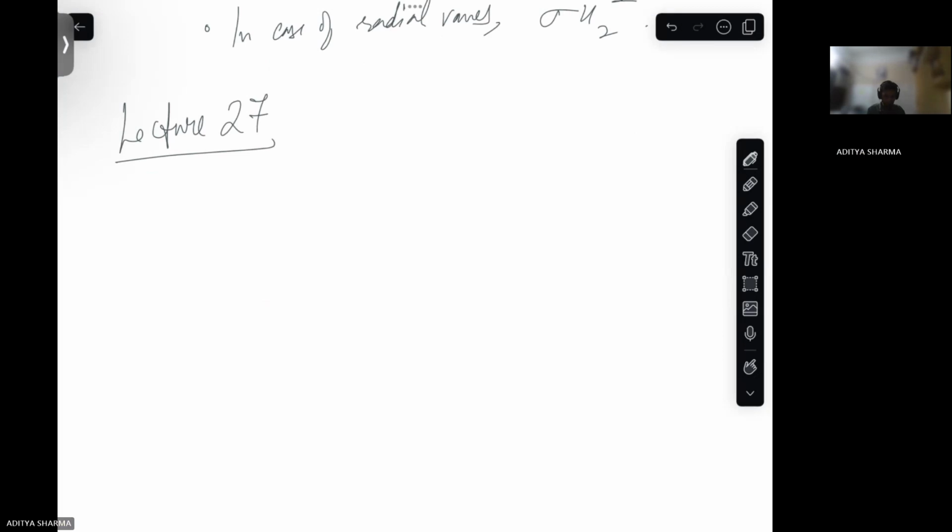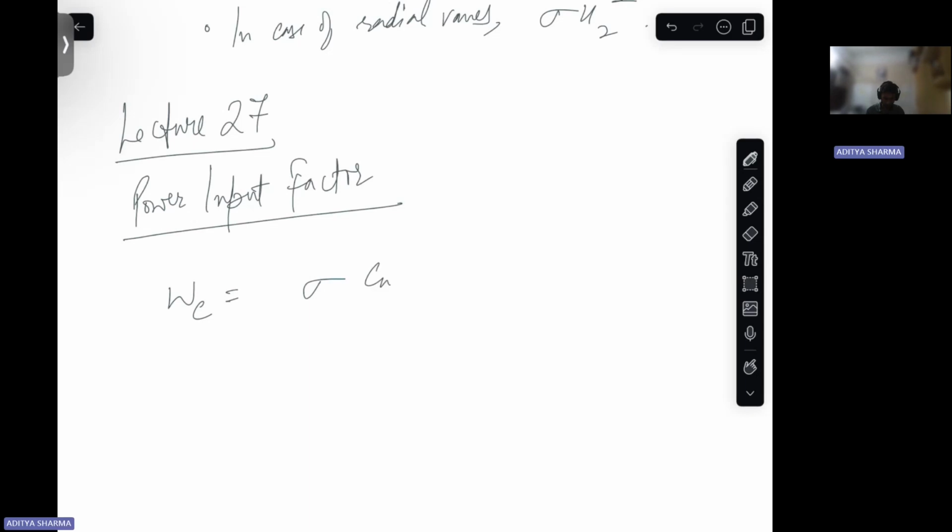Then, because we will have losses, in that case we will need, let's say this is this, with your slip factor, considering your slip factor, we have this.